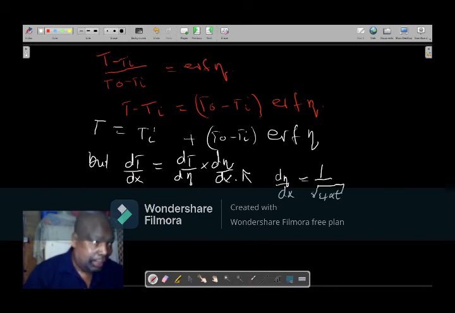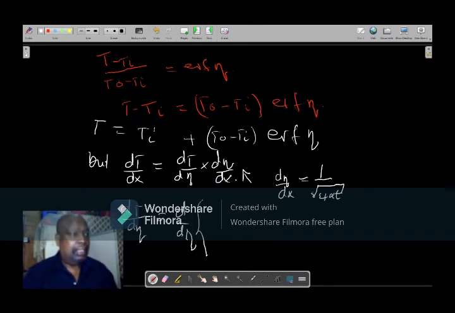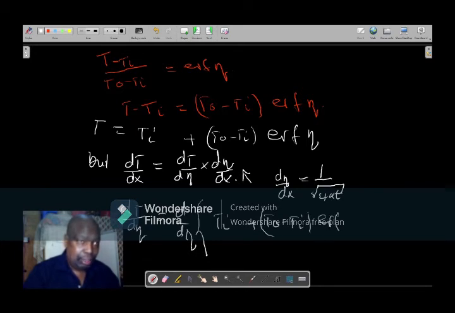So now let's have a look at dT by d eta. That is the same as d by d eta of T, and T is equal to Ti plus (T naught minus Ti) times the error function of eta.